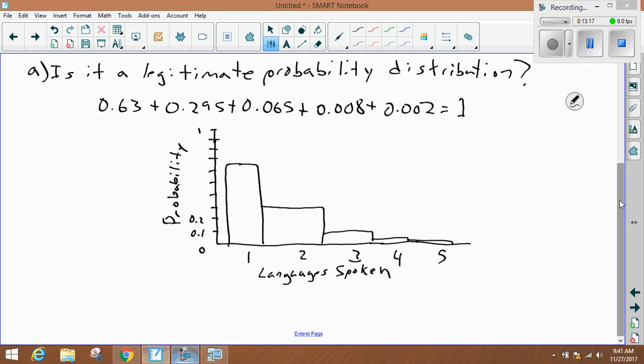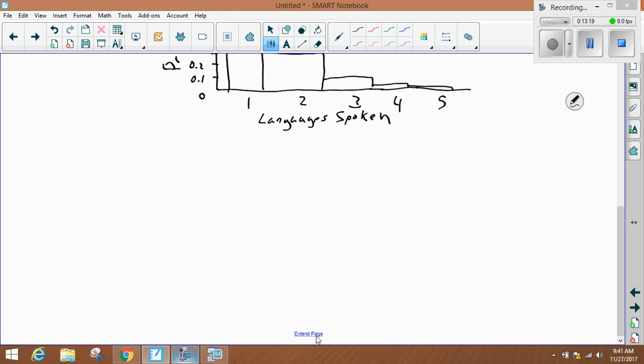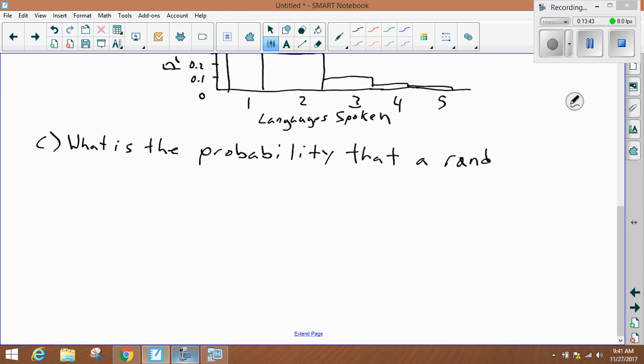Let's now introduce some notation that we can actually use for this. Let's write the question: what is the probability that a randomly selected student speaks at least 3 languages?